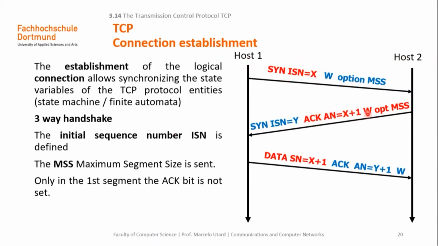In this segment, the receiver of host 2 establishes a window size, and typically the option specifying the maximum segment size, that is, the maximum size of the segment that can be sent by the transmitter of host 1.